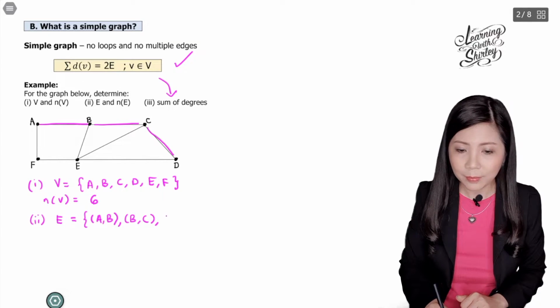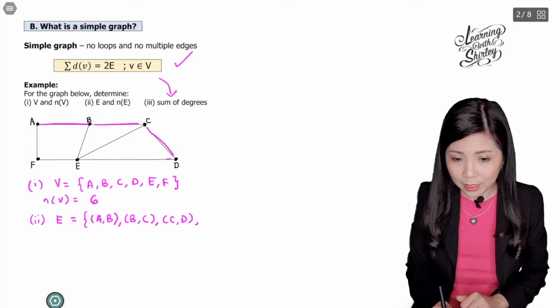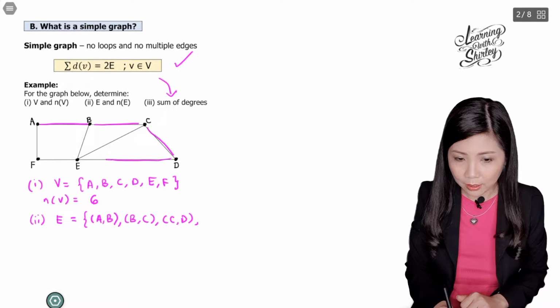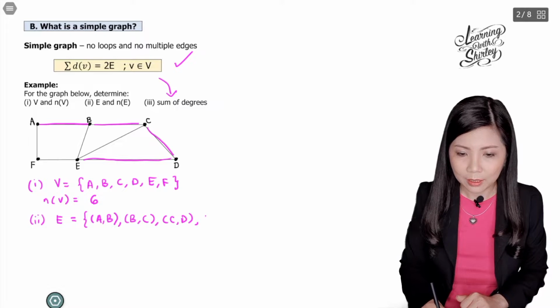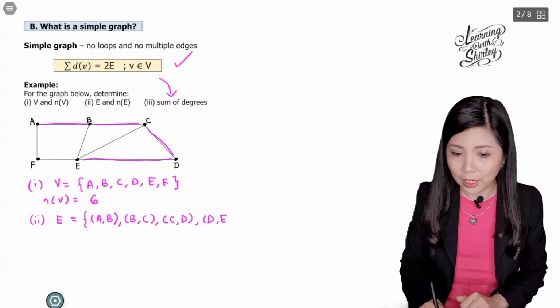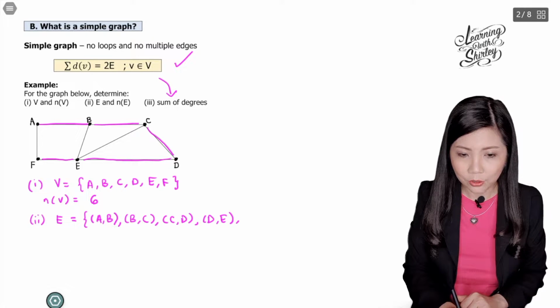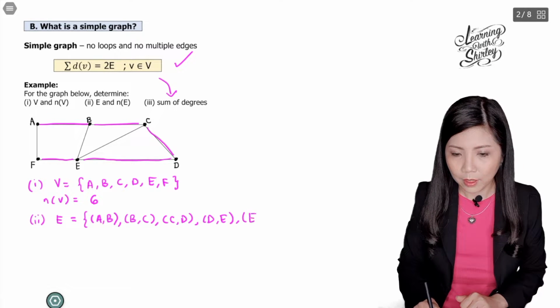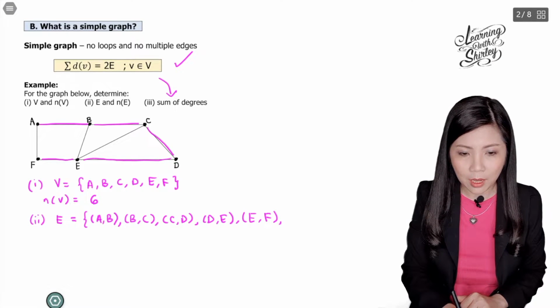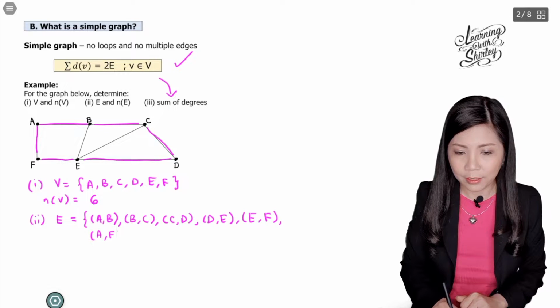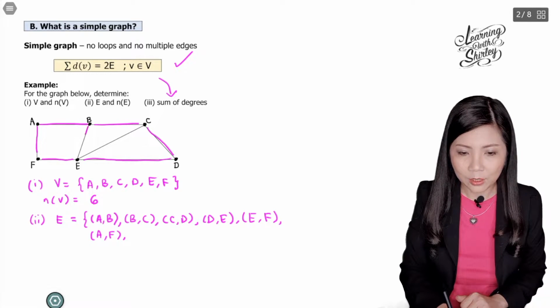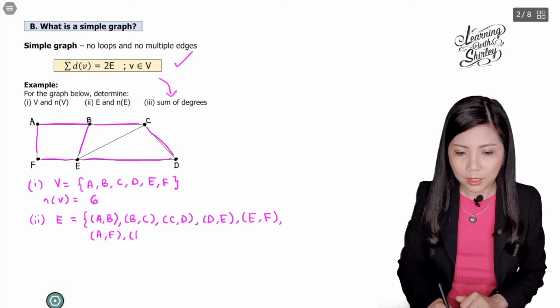Next, D joined to E. And then E joined to F. The next will be A joined to F, so AF. And then B joined to E, so BE.